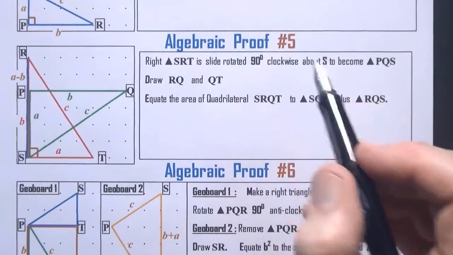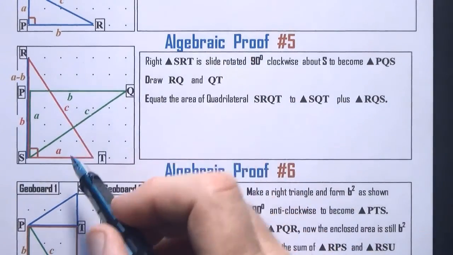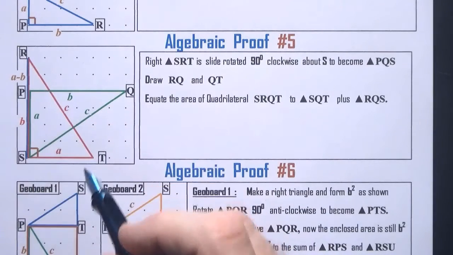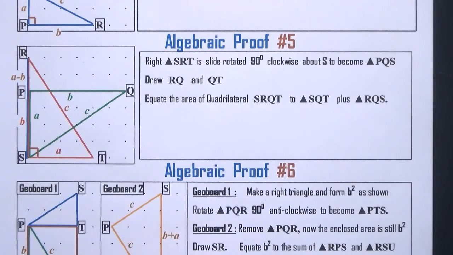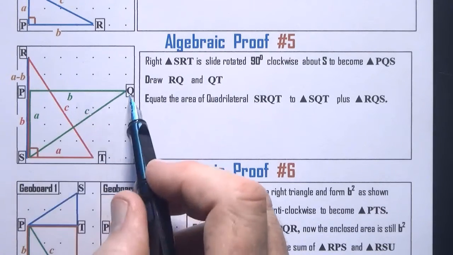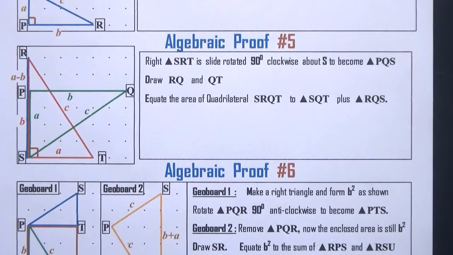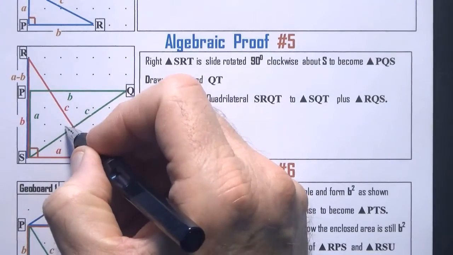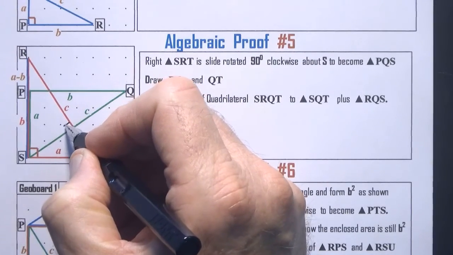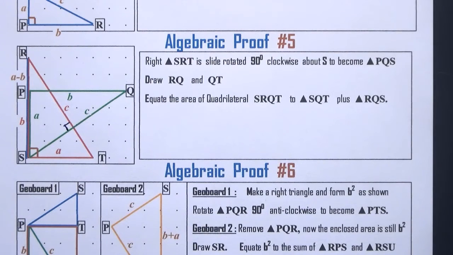Algebraic proof number 5. Our original triangle, SRT, is slide rotated 90 degrees clockwise, and we form PQS. By our construction, this will be a right angle. Draw two lines, RQ and QT.